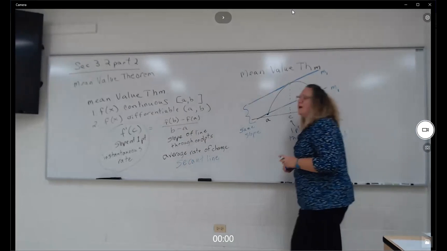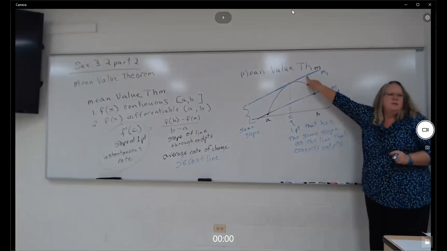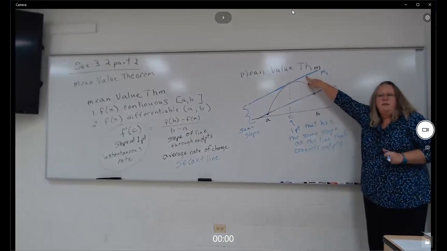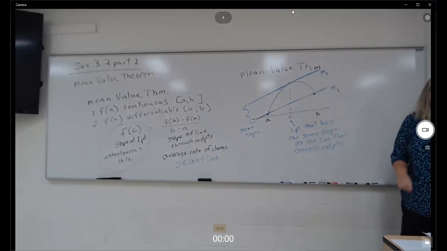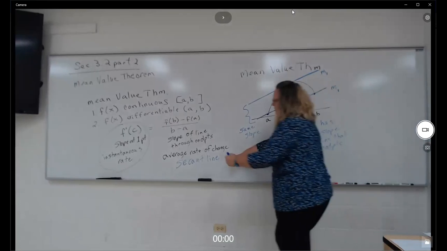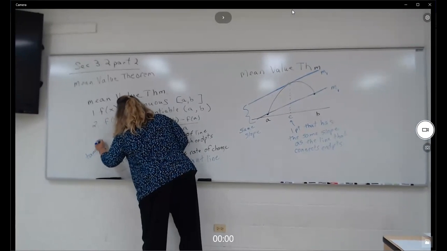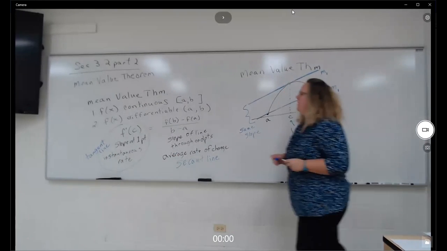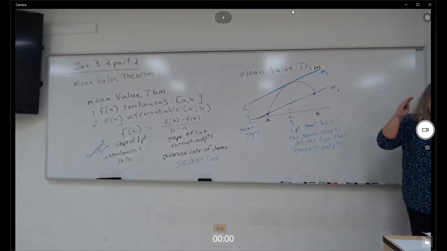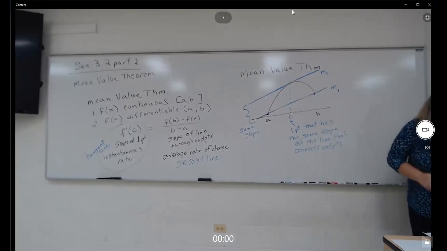And that one over there, what do we keep calling this one? This is the slope of the line of the tangent. So this is the secant line, and this is the tangent. That specific secant line goes with that tangent. All right, good.